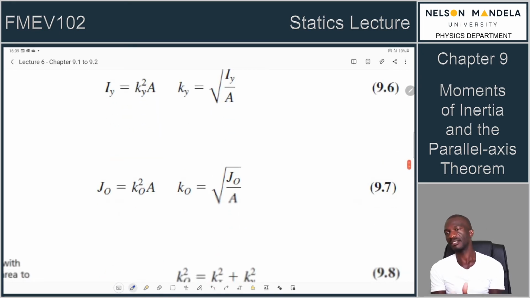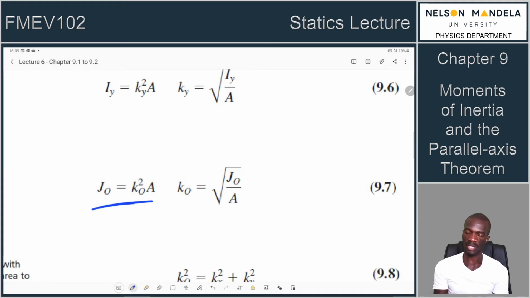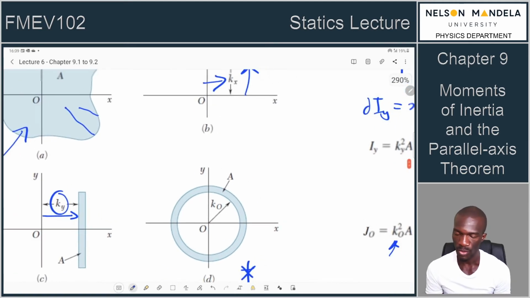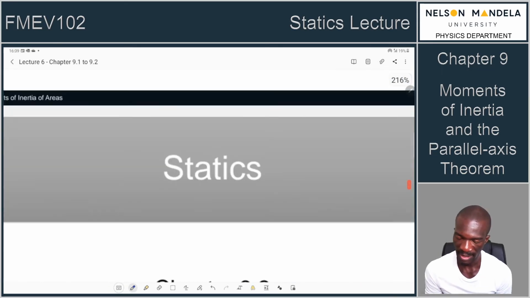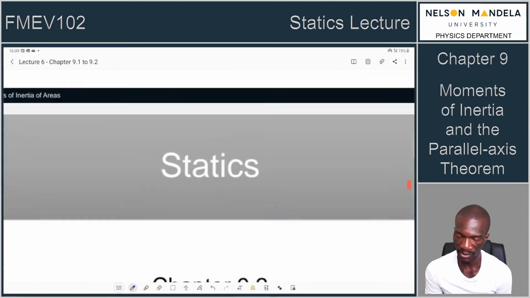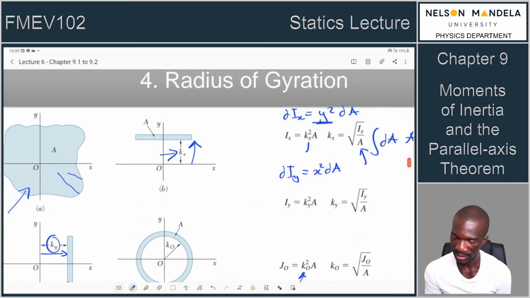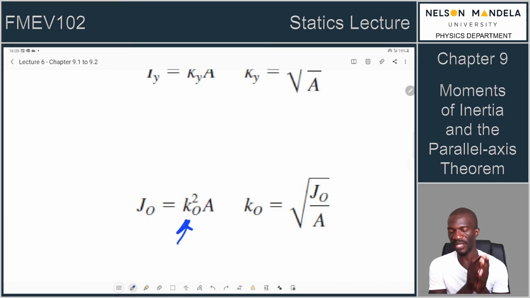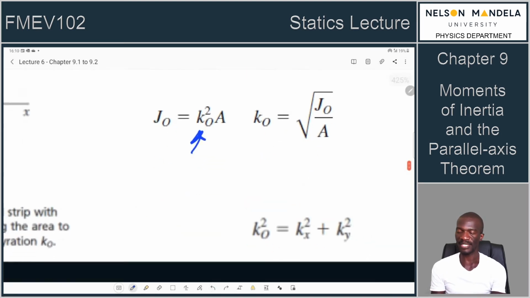Equation 9.7, no-brainer. You already know your definition for the polar moment of inertia. So what we just have there is a replacement of the radius, which was r, with k, and then we can find the polar radius of gyration.